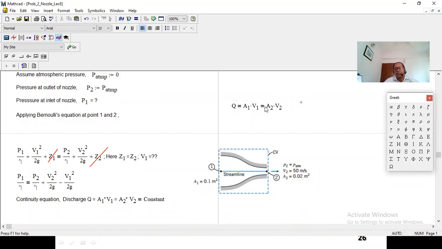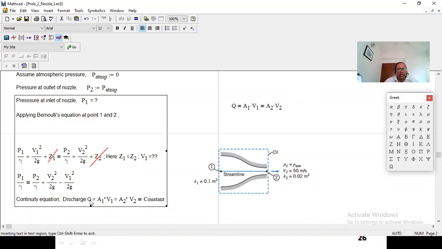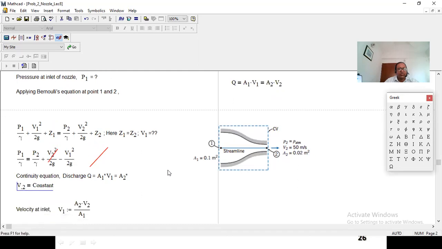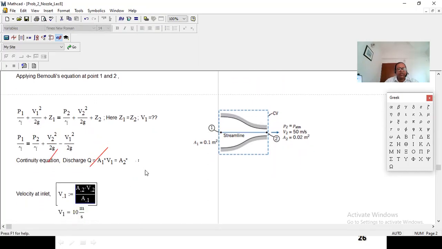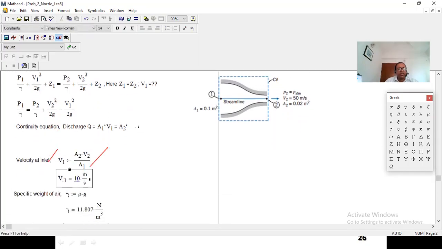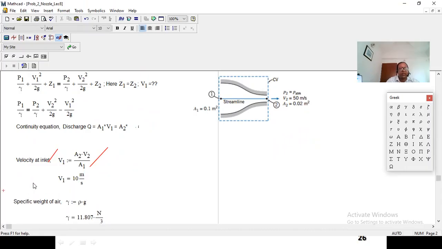So A2, V2 we know, A1 we know, so we can figure out V1 from here. Right over here we use this formula. So your V1 is A2 into V2 divided by A1. So this is my V1. It's coming 10 meters per second.